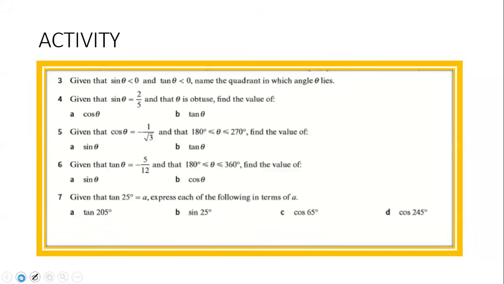Then this is your exercise as well. Now you see some of these words, obtuse. You need to know in which quadrant this thing is lying. Have you taken a screenshot?